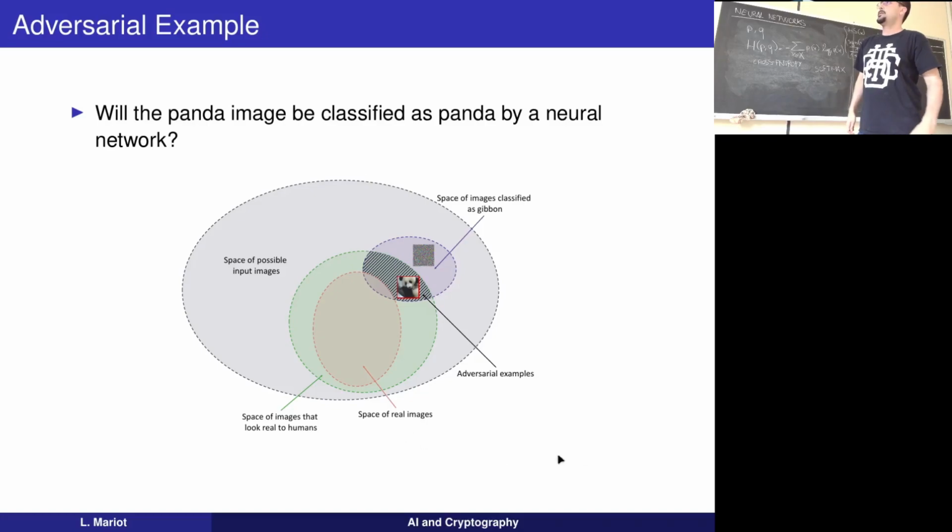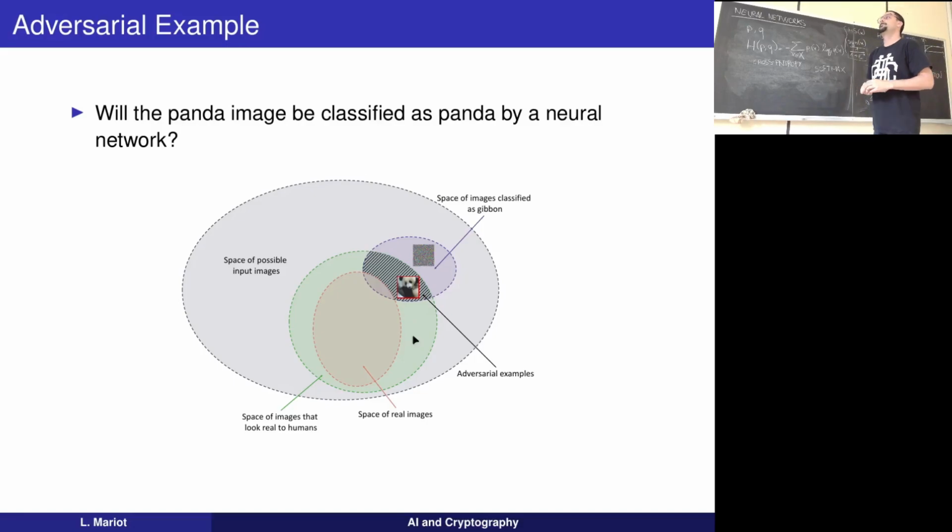So what is the meaning of these adversarial examples? Basically, you can think of them as this particular intersection in this set. So you have the space of real images, those that haven't been tampered with by an adversary that is trying to craft an adversarial example, and the space of images that perceptually look real to humans.